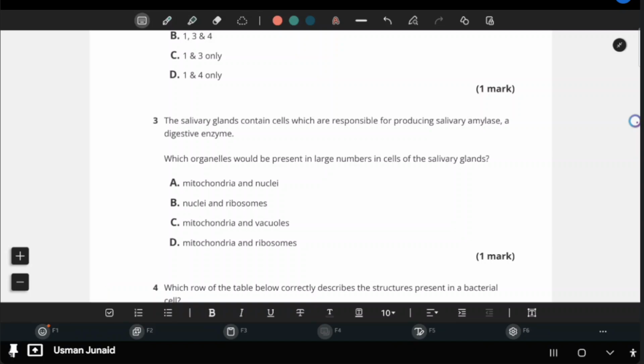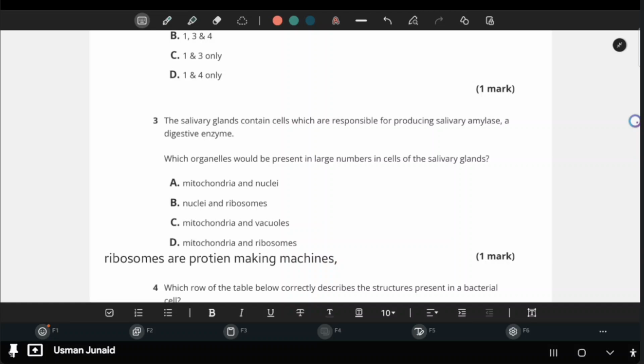We said ribosomes are protein-making machines. Yes. Right.